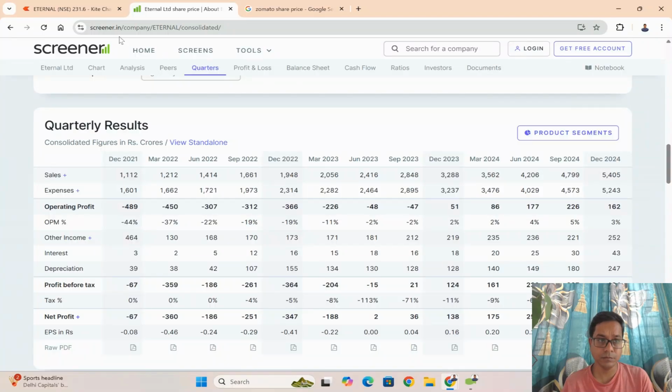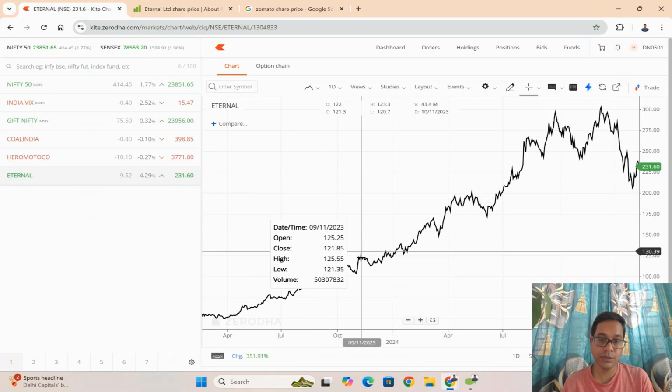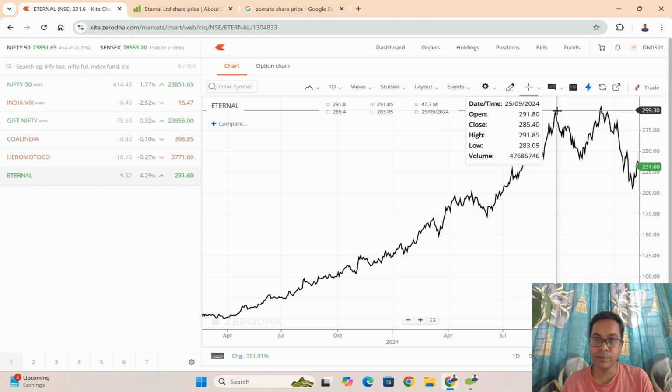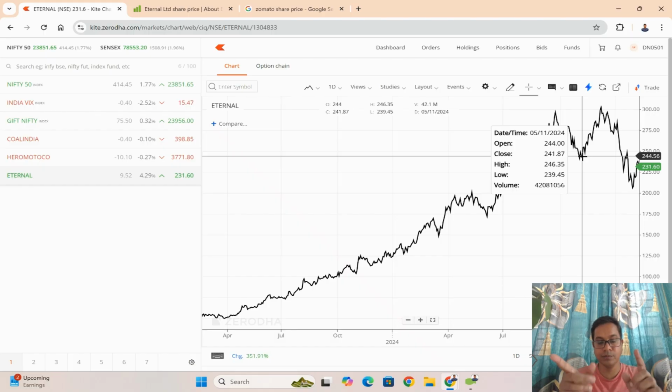Many people will say that sometimes the company is doing bad and the stock price is going up, or the fundamental is good but the price is not going up. So there could be two variations in that.